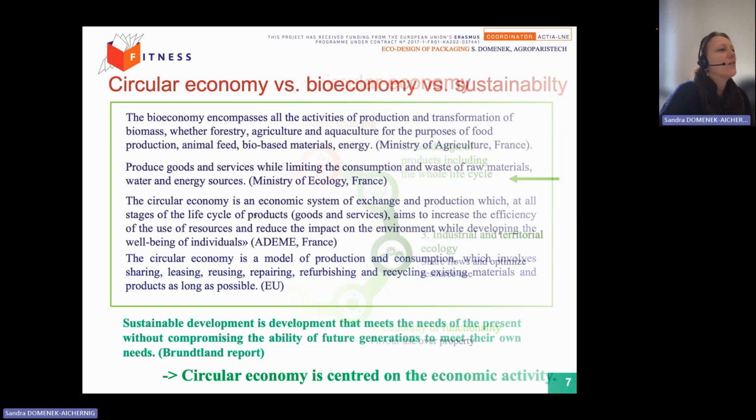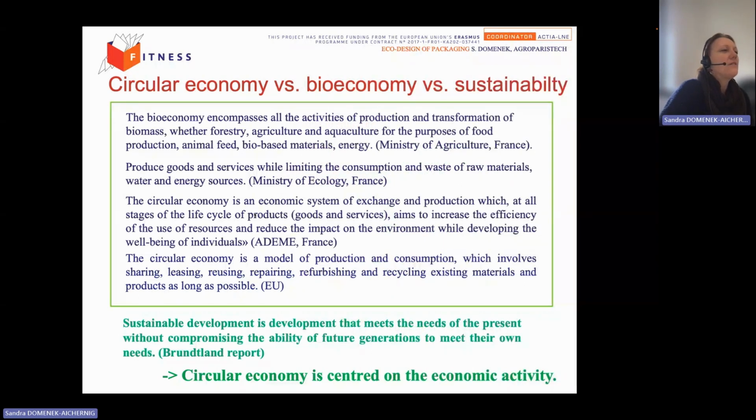So, circular economy. I wanted to make a point because people are speaking about circular economy, sometimes about bioeconomy, sometimes about sustainability, and I wanted to come back to all these words to give you some definitions when they exist, and also make the difference between all of them.